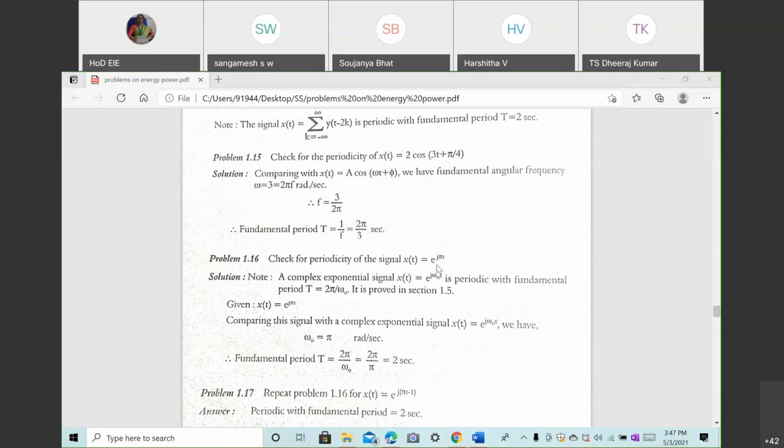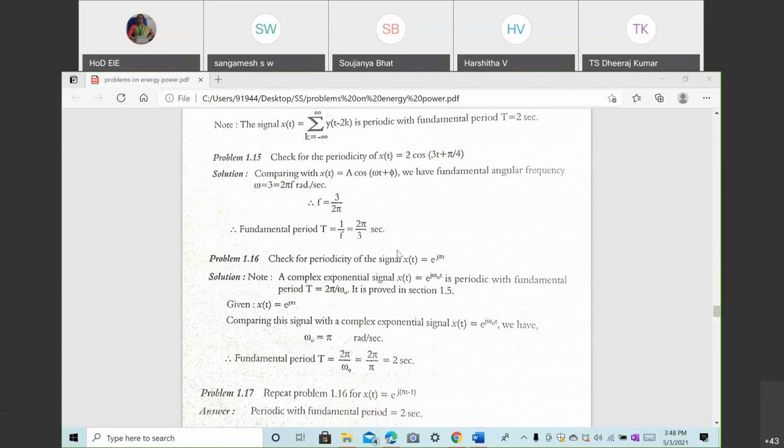Equation is x of t equal to e to the power j pi t. Here also they have given an exponential signal. Note a complex exponential signal x of t equal to e to the power j omega naught t is periodic with fundamental period T equal to 2 pi by omega naught.